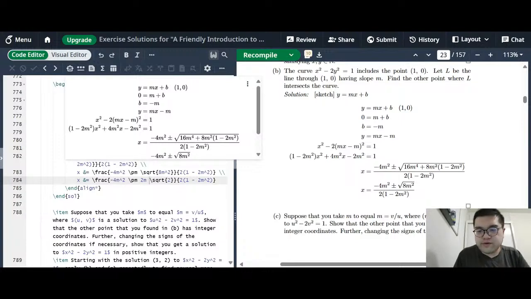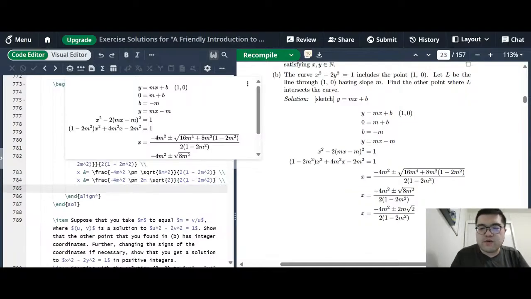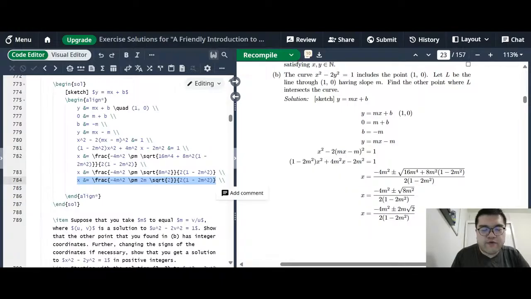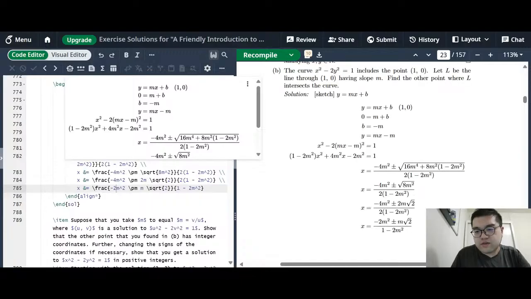So we got something like this. And here's the good news: we can factor the 2 on top and then cancel with the 2 in the denominator, such that we have a new expression of this fraction like the following. Great.